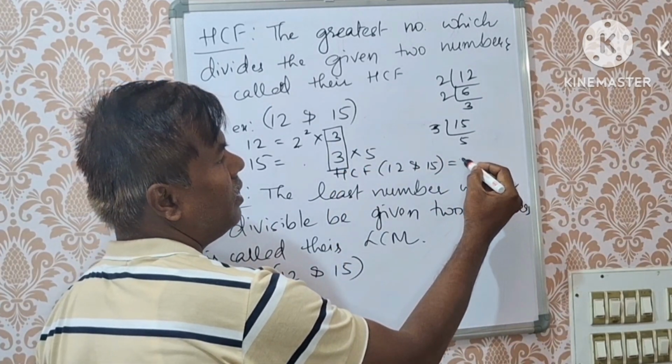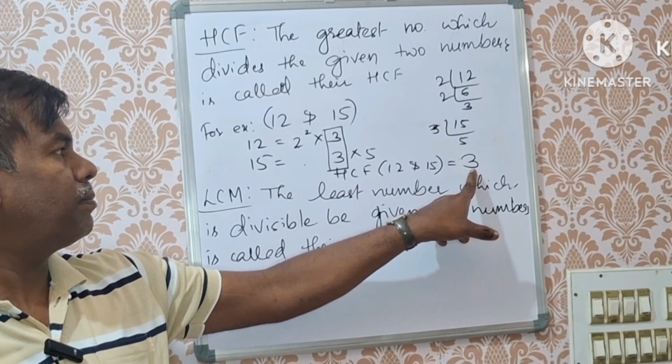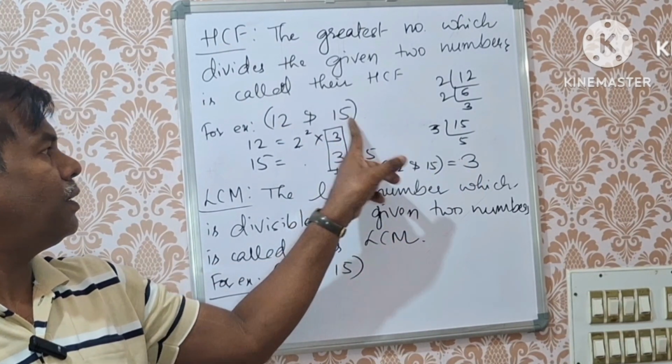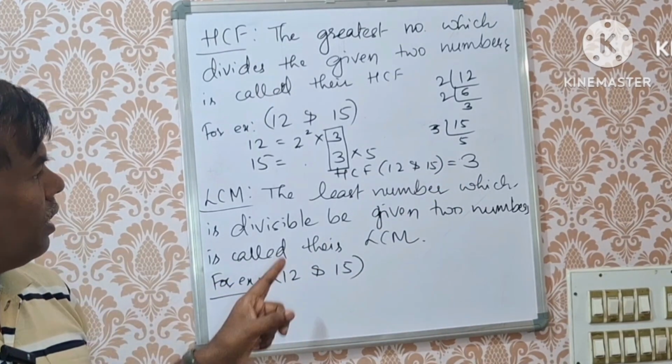The commonly existing factor is 3. Therefore 3 is the highest common factor. This is the greatest number which divides 12 and 15.